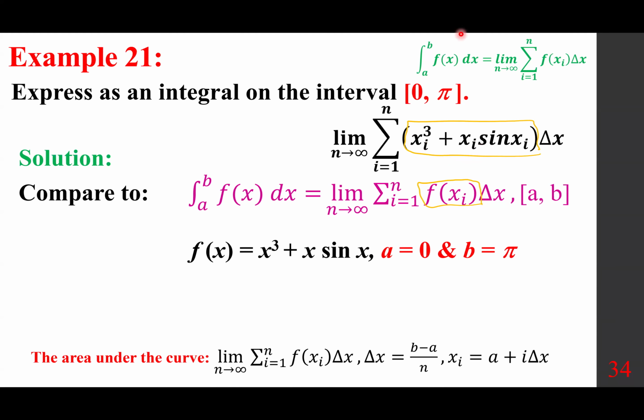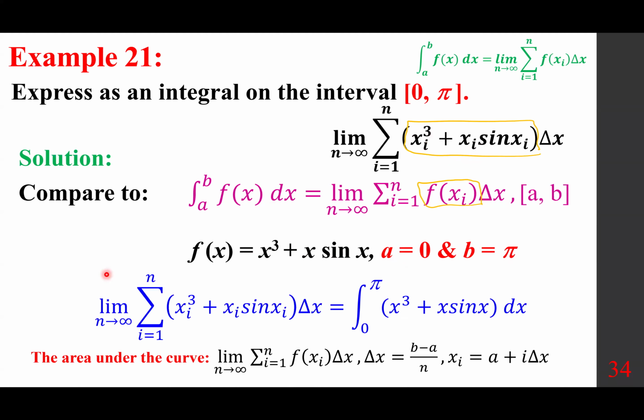Put it into the integral format. The integral from a to b becomes the integral from 0 to pi. f of x is this function, dx. So this limit, everybody, that we have here is equal to the integral from 0 to pi of x cubed plus x sine x dx. So noticing what it means, okay?